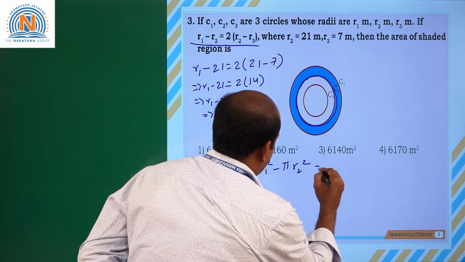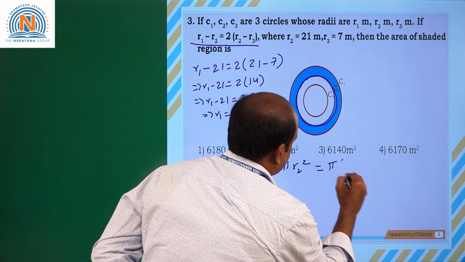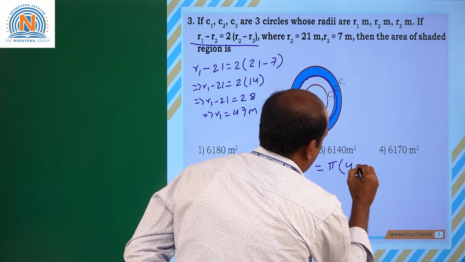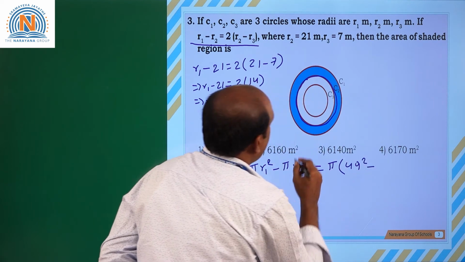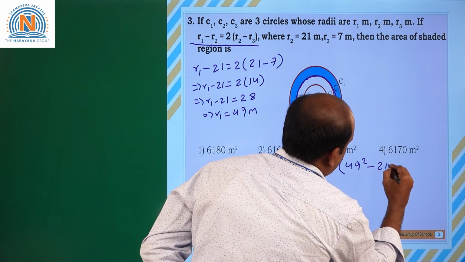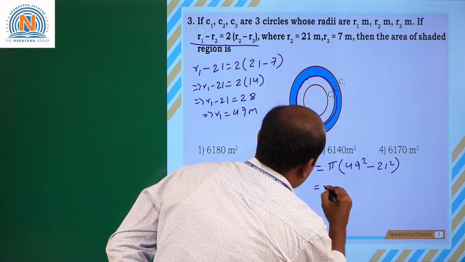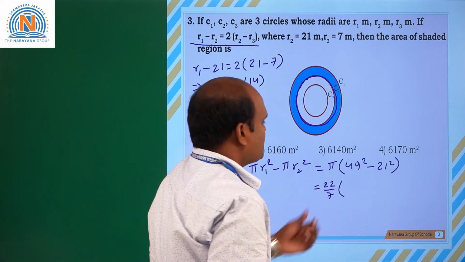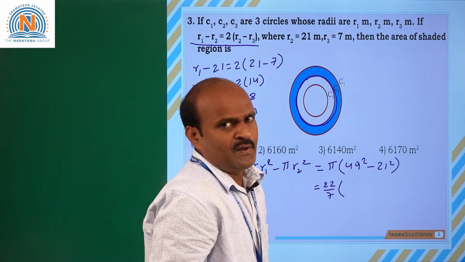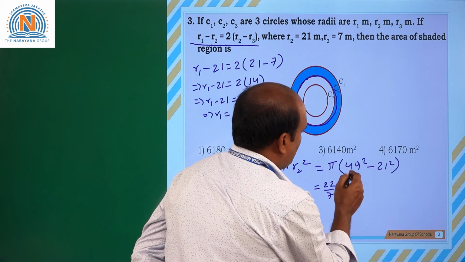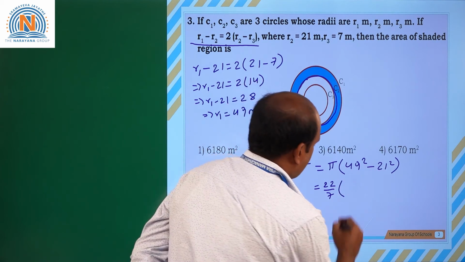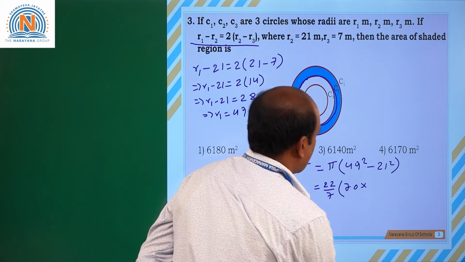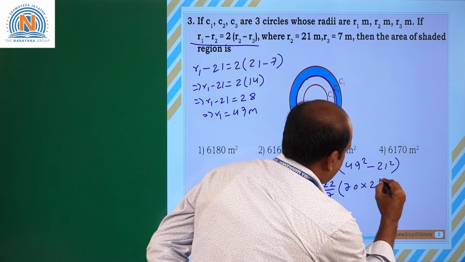Now using that, pi take common. R1 square, 49 square minus R2, 21 square, that is equal to pi, which is 22 by 7, into a square minus b square, a plus b into a minus b, 49 plus 21, that is 70, into 49 minus 21, that is 28.